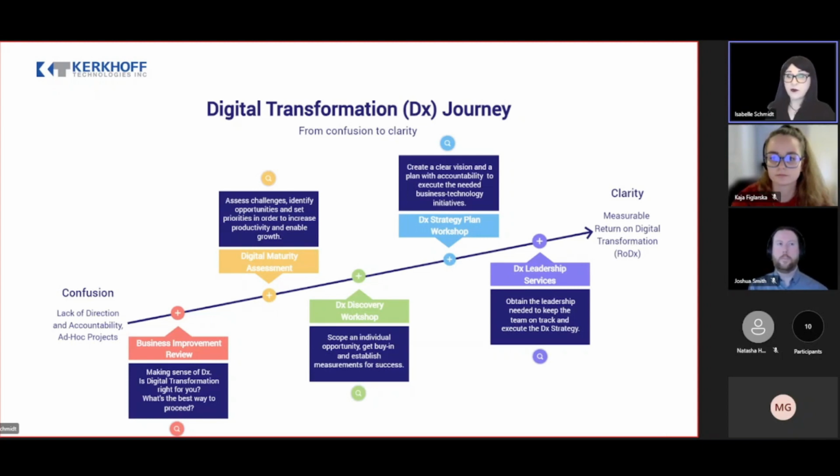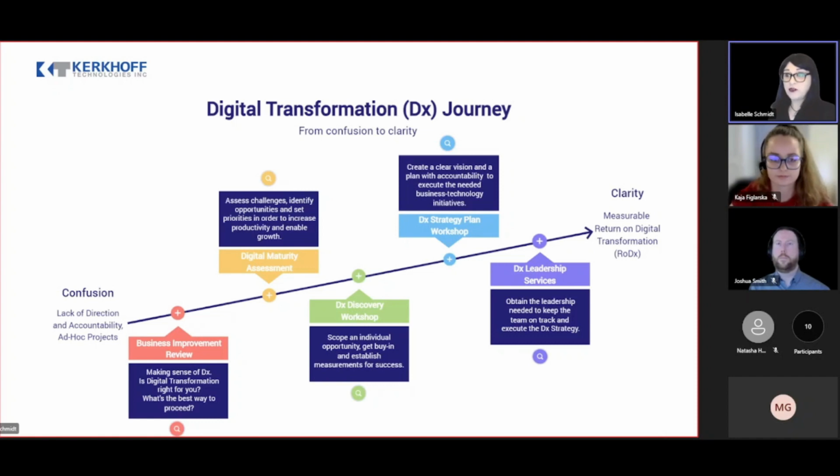From there, we go through a detailed set of assessments and planning workshops and strategy workshops to take your organization from identifying where you're currently at, as far as digital maturity goes, identifying what struggles and problems you have with your organization, dealing with stakeholders to really identify how digital transformation is going to improve your organization.